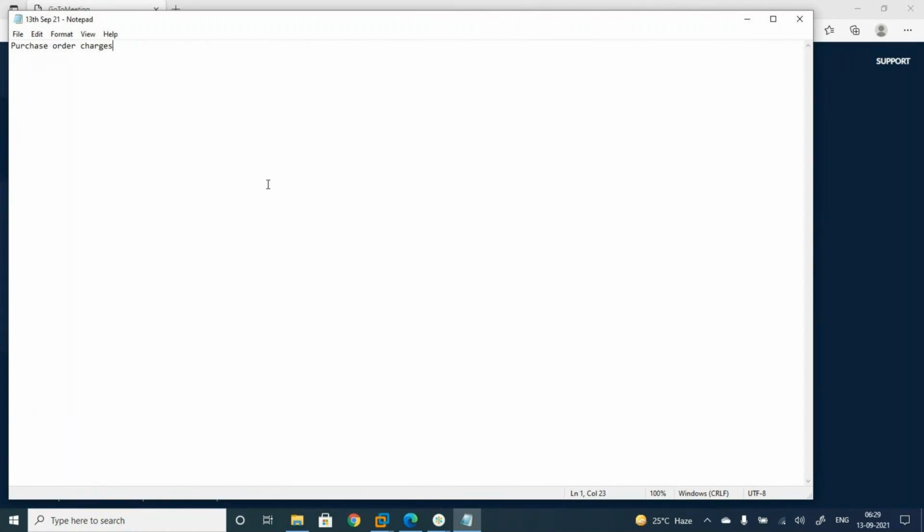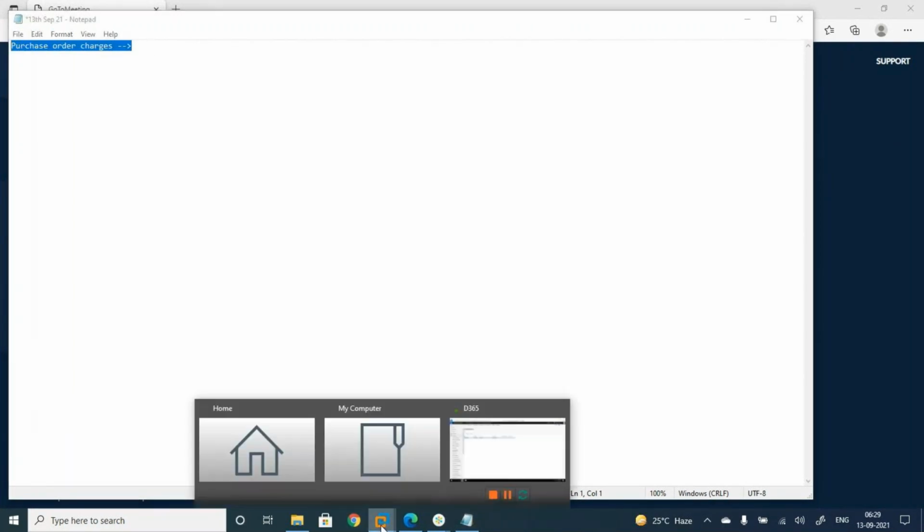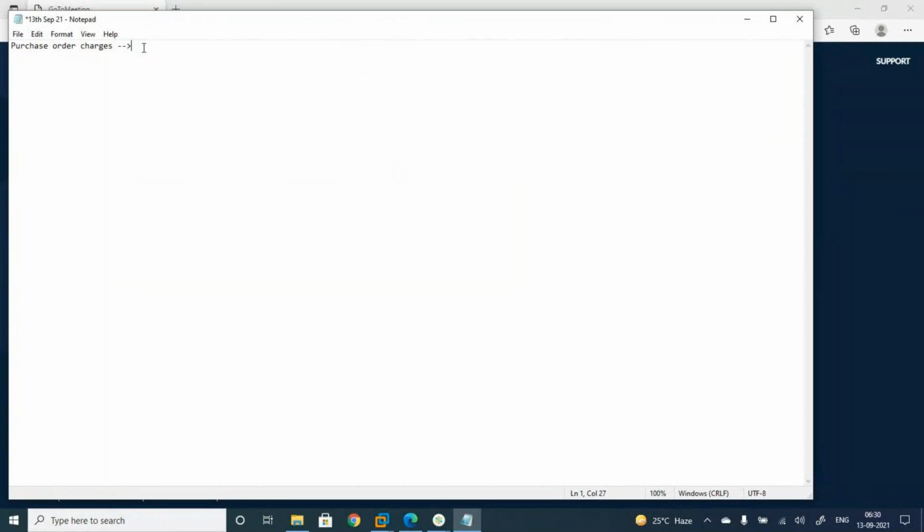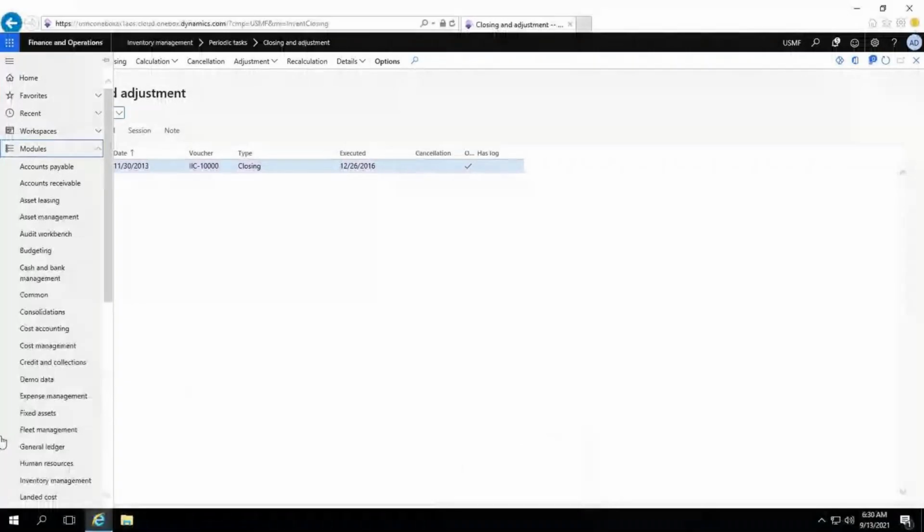For purchase order charges, if you want in depth, there is one more module provided by Microsoft, that is landed cost. I'm telling you the importance of purchase charges, because of which there is a lot of importance for these charges. For these charges only, Microsoft has provided one module called landed cost for one more function.